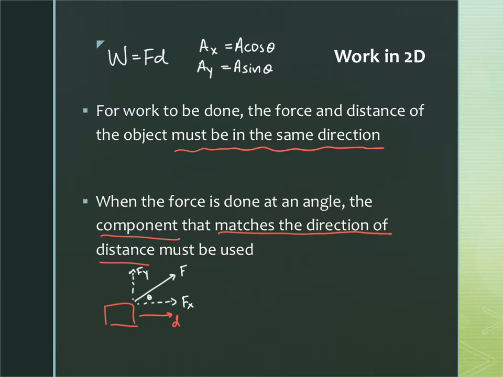And the way we do it is by using these vector component equations that are on your reference table. Since we are looking for the horizontal component, we need to use this one, Ax equals A cosine theta. It's essentially the same thing as any other work problem.